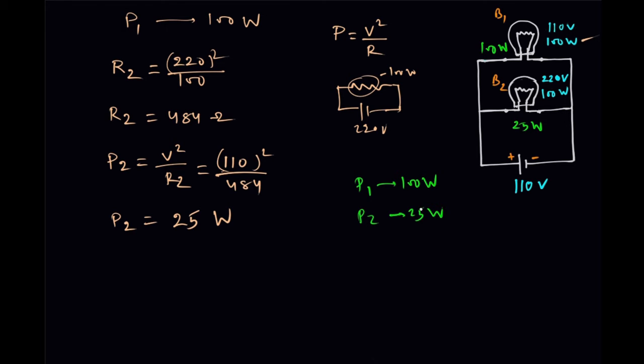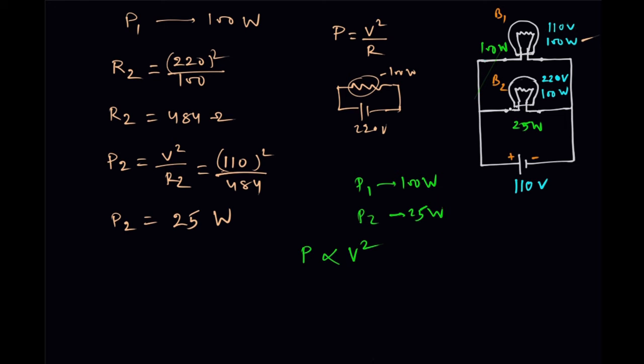Okay, so you can see that the bulb which was rated for lower voltage will glow brighter. This bulb's power consumption is reduced to 1/4, because you can also see from this formula that power is proportional to the square of the voltage.